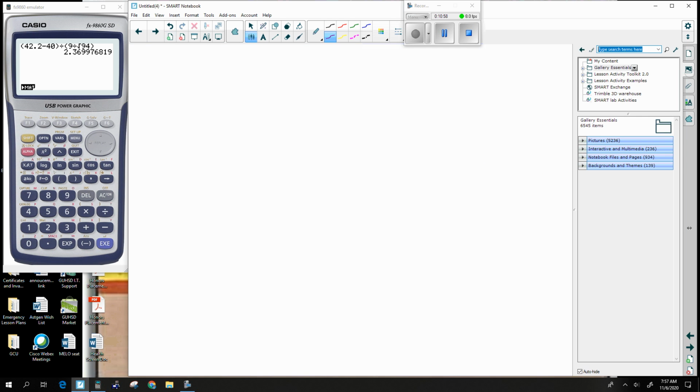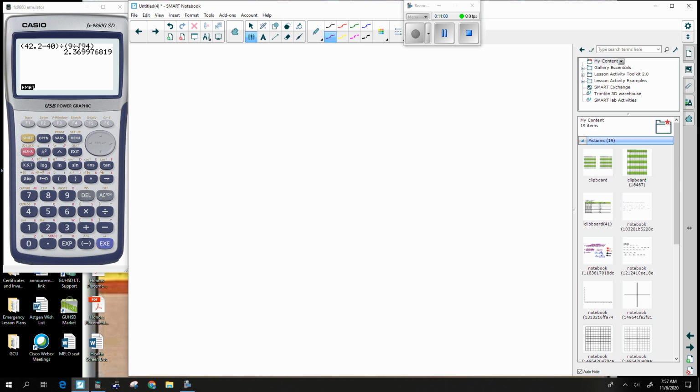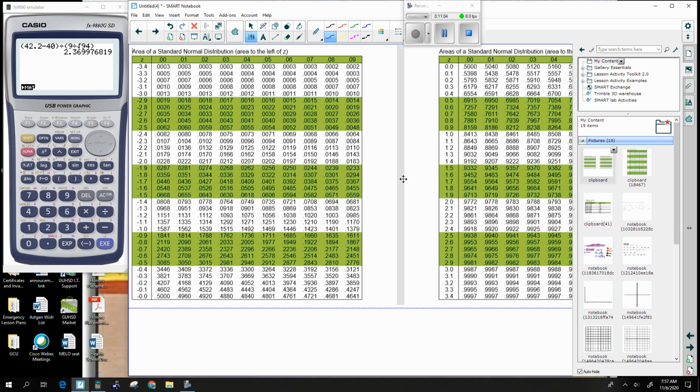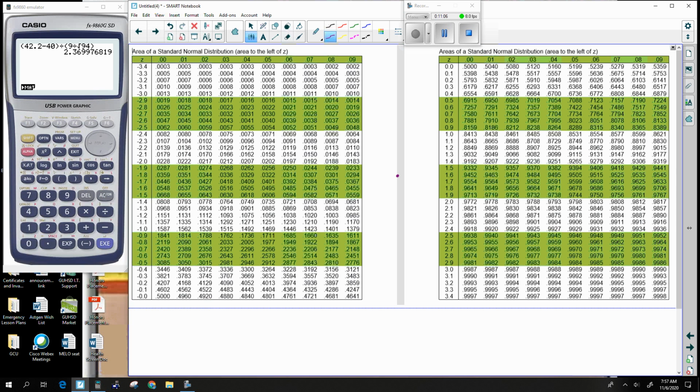So onto the Z table. I need to look up 2.37, but as I said, always look it up as a negative. So negative 2.37. Always look it up as a negative. If it's already a negative, cool, keep it a negative.